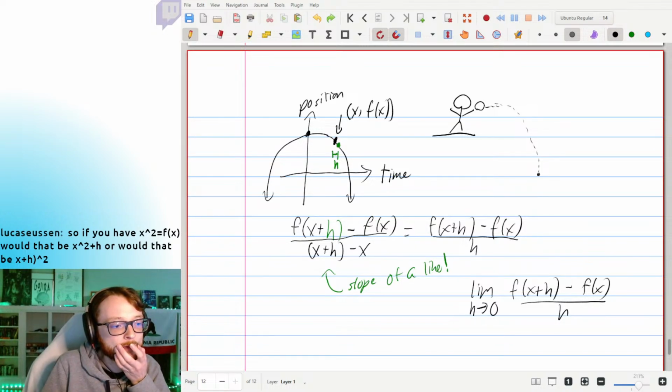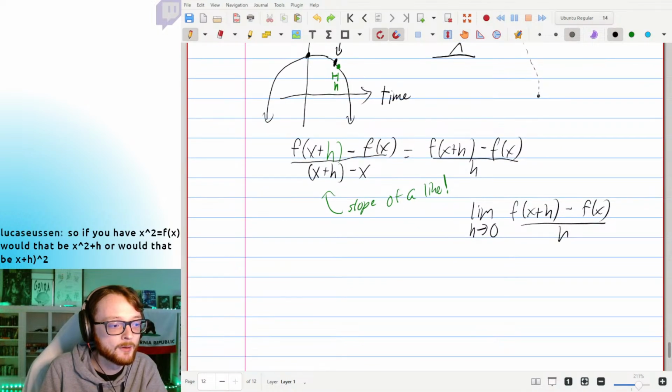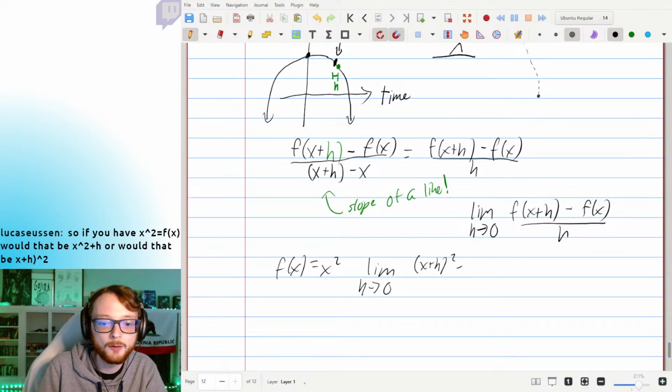If you have x squared equals f of x, that would be x plus h in parentheses squared. So yeah, if your function is x squared, you could find the derivative by evaluating this limit here: (x plus h) squared minus x squared, over h.